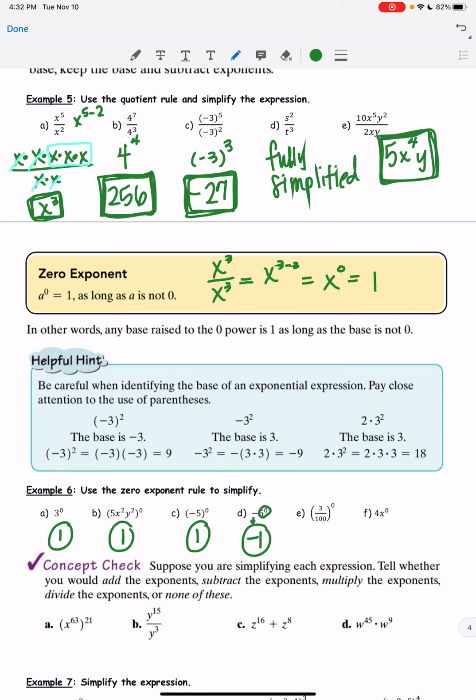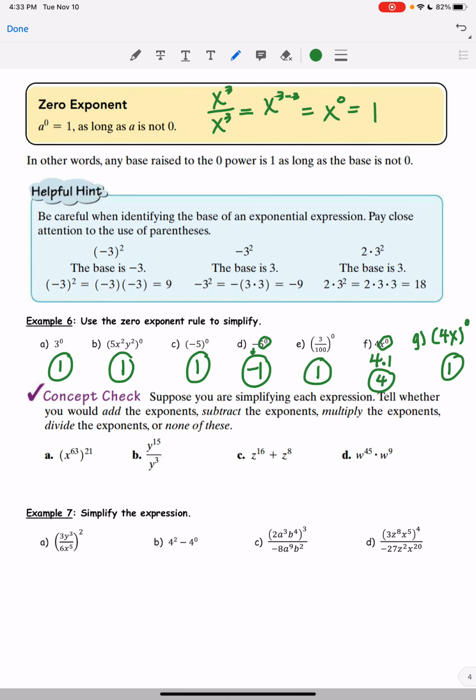E, some fraction, any fraction to the 0 power is 1. 4x to the 0 power is 4. That exponent is only going to x. So that means we have 4 times 1, and so you get 4. If we had a g, and it was 4x in parentheses to the 0 power, that would be 1. So pay attention to what that base is. Look for parentheses.